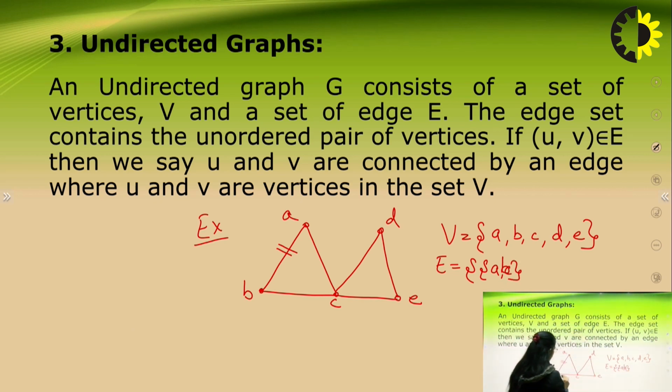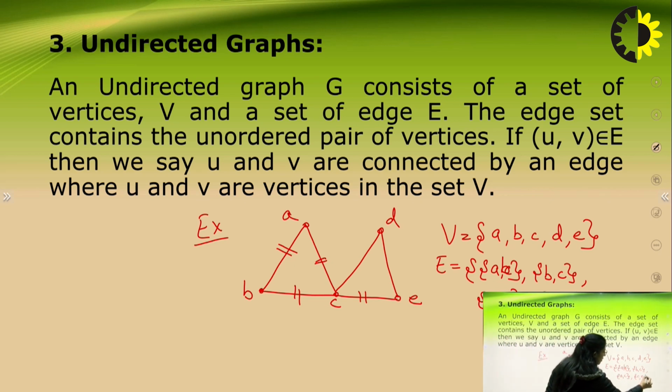Then for this it is BC. For this edge it is AC. For this we have CE, CD, and the last one is DE.